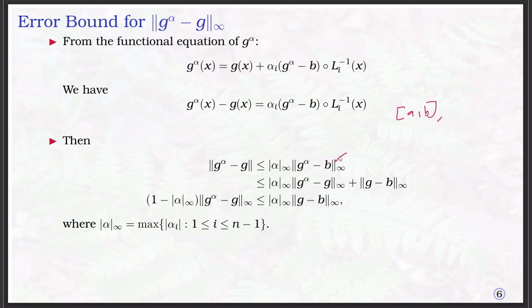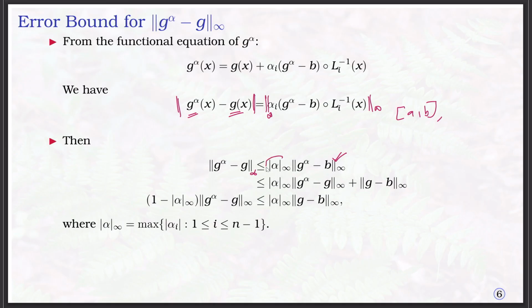Now we can use this metric. Now if you want to find the distance between the fractal perturbation of g and the g, then take the supremum norm of g alpha minus g, which is less than or equal to modulus of alpha times the supremum of g alpha minus b.